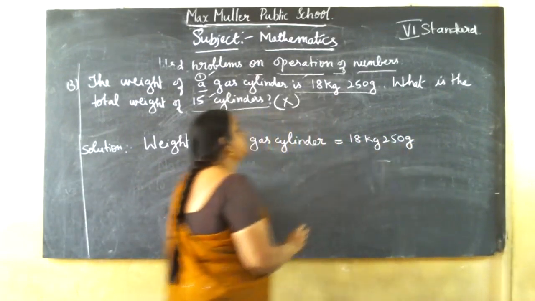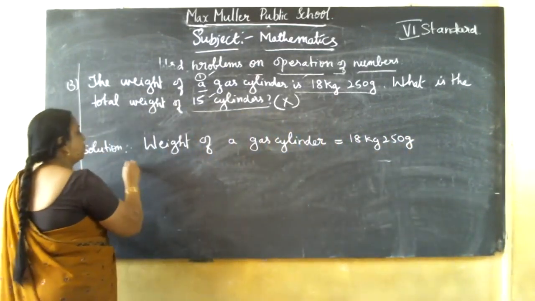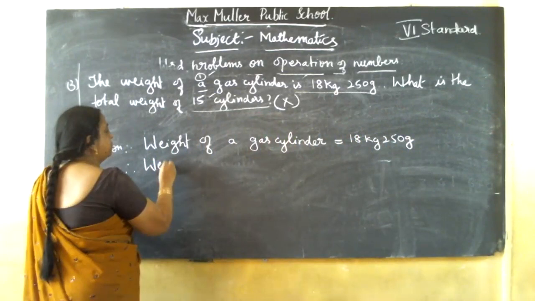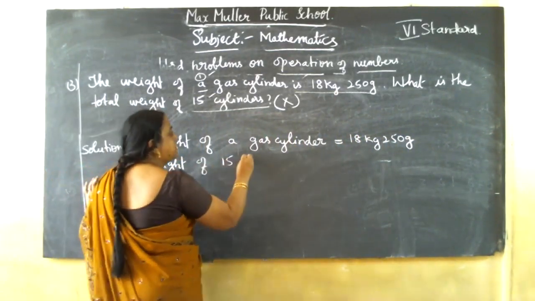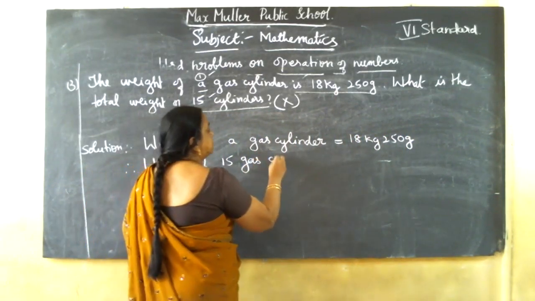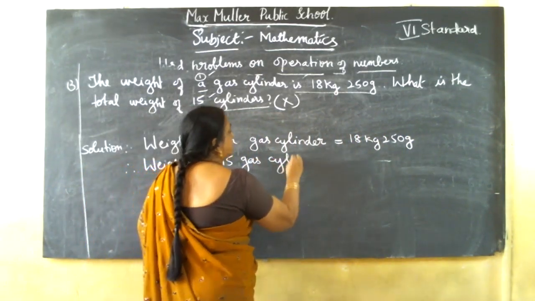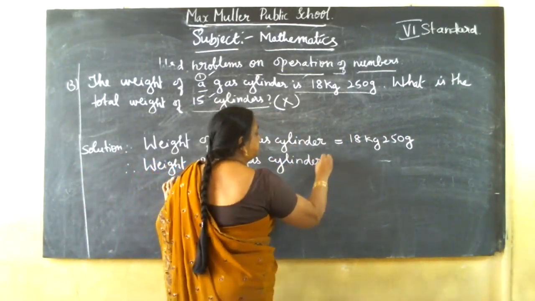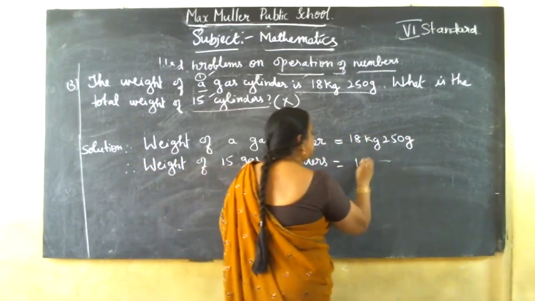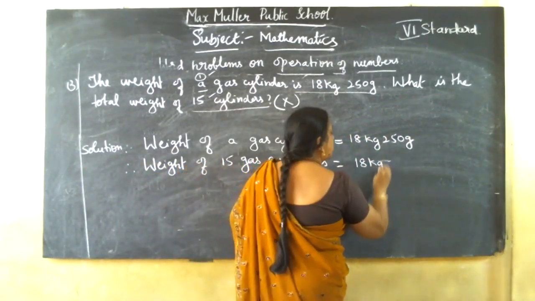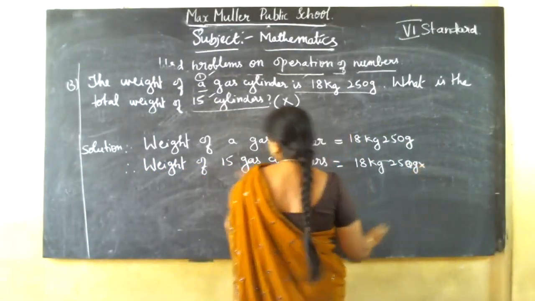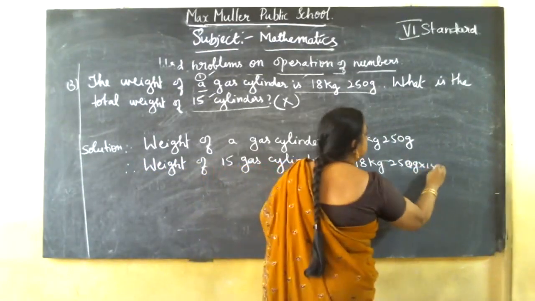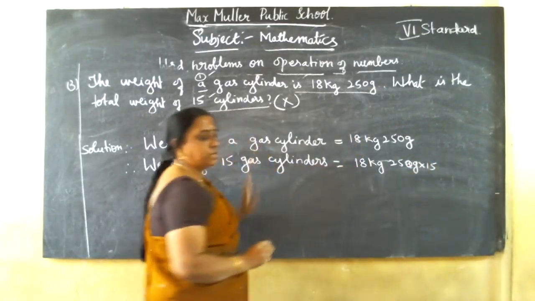So what should you find? Therefore, weight of 15 gas cylinders equals 18 kg, 250 grams into 15. Got it? So you should multiply in the working column.